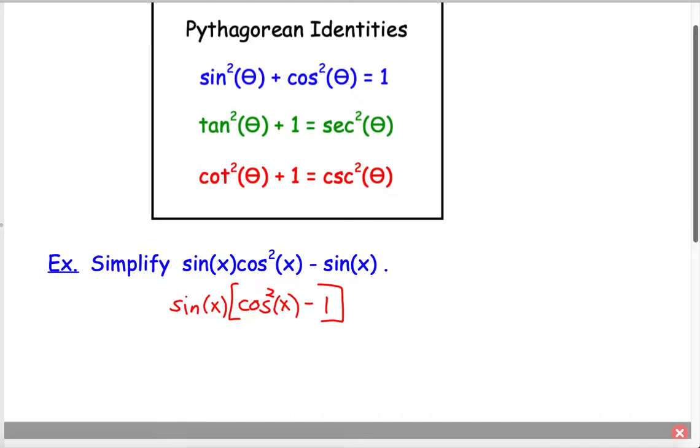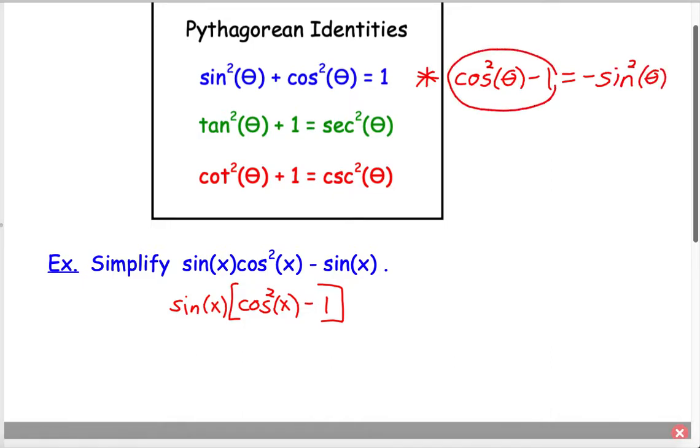Now, cosine squared of x minus 1, that should ring a bell. That reminds me of the first Pythagorean identity. And if I rearrange that equation, if I move the sine over to the right side, and I subtract the 1 over to the left side, then cosine squared minus 1 is equal to negative sine squared.